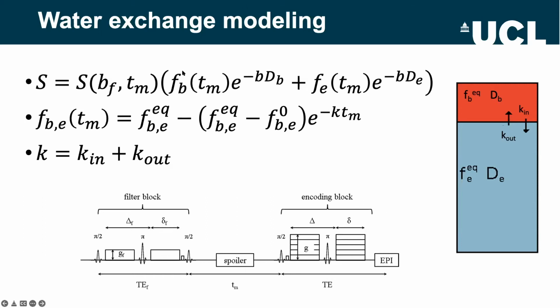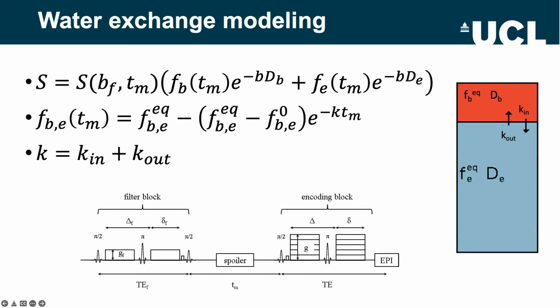So this fraction of spins that are present in the vascular space that are visible will increase as a function of mixing time, and that's how we get at this exchange rate K, which is shown here. So this is our estimate of K that we're aiming to extract using this compartmental model rather than using the AXR, which is the default method used within the FEXI implementations that have been there to date.